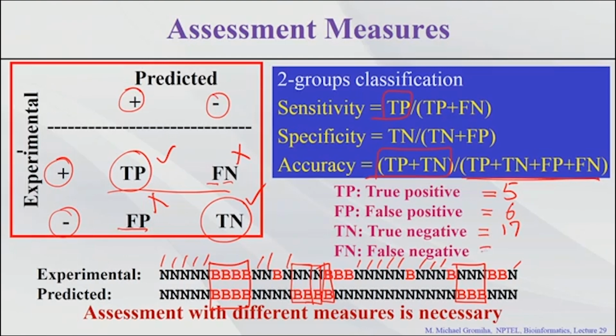And the false negatives: 1, 2, 3, 4, 5, 6, 7.